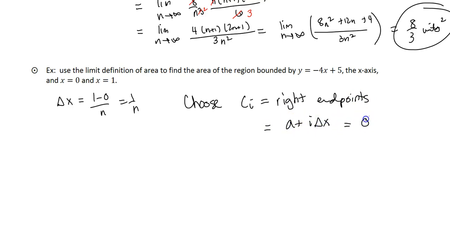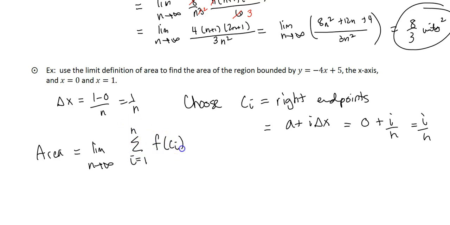So this will be 0 plus i over n, or just i over n. And the area is going to be the limit as n approaches infinity of the sum from 1 to n of f of c sub i times delta x. So that'll be the limit as n approaches infinity of the sum from 1 to n of f of i over n times 1 over n.